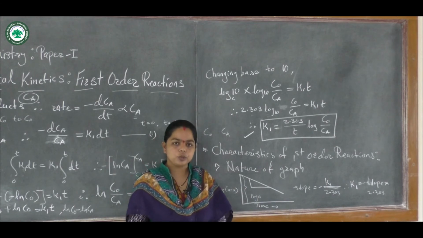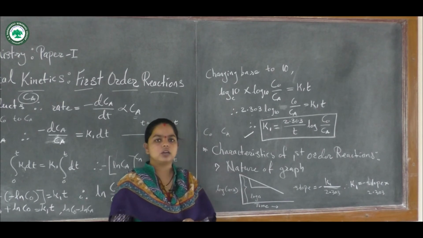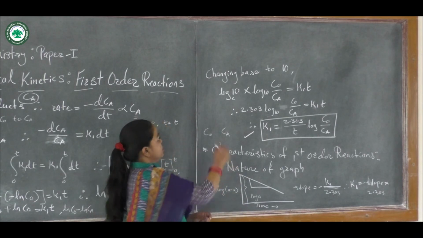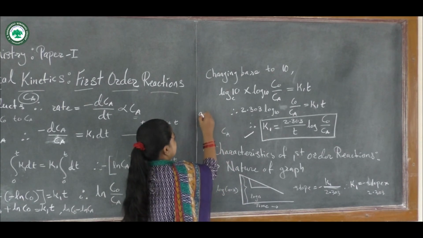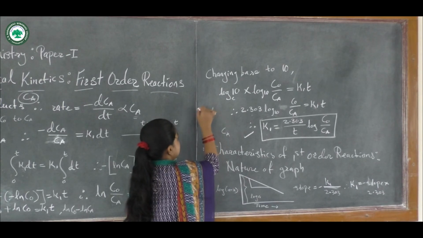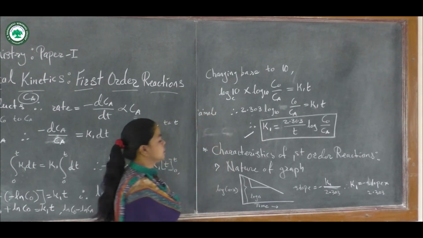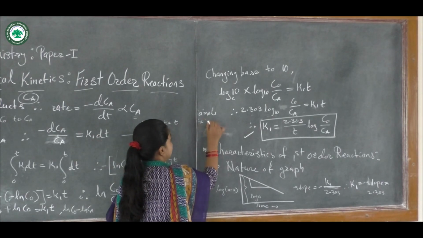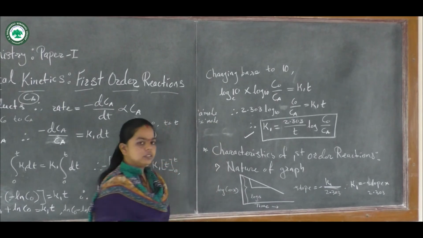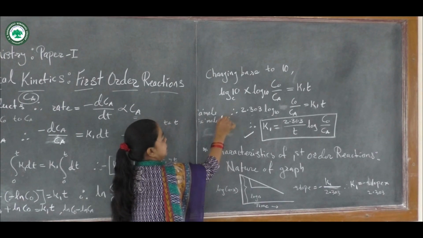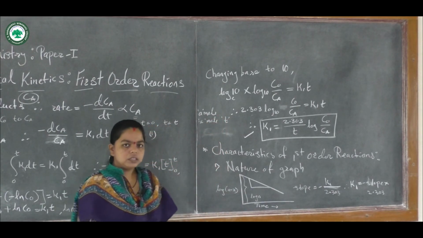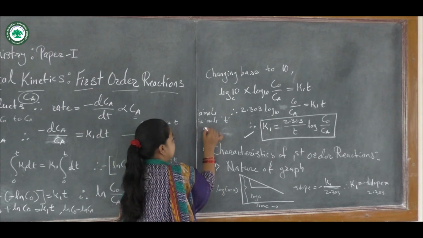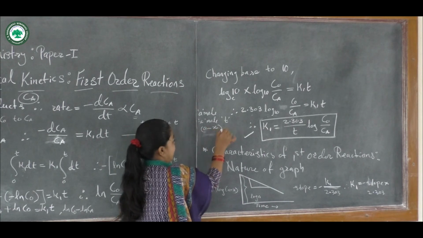Now if we substitute this concentration by different quantities, just as we have studied in the zero order reaction: if a mole is the initial concentration of the reactant, and x mole of the reactant reacts in time t, then the unreacted or final concentration of the reactant becomes a minus x.